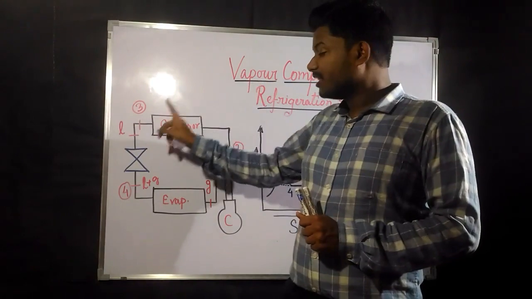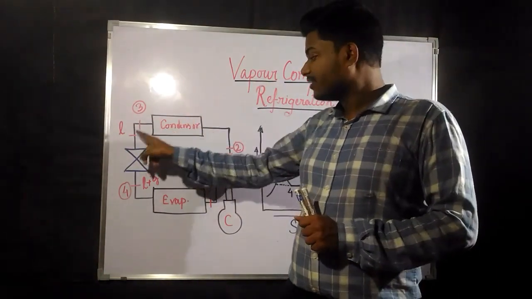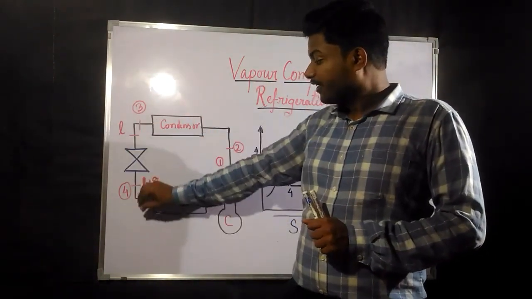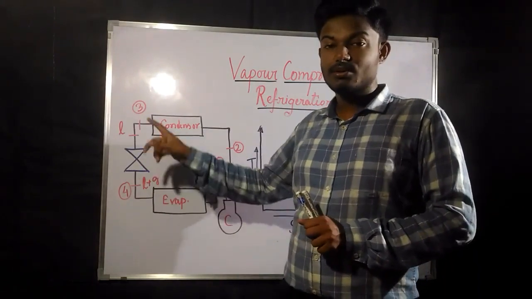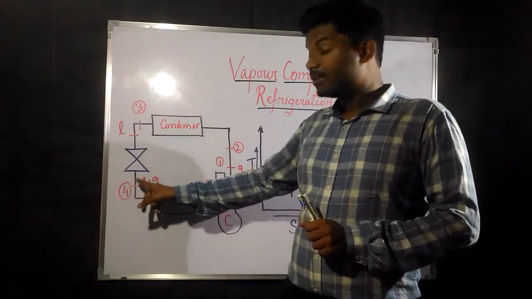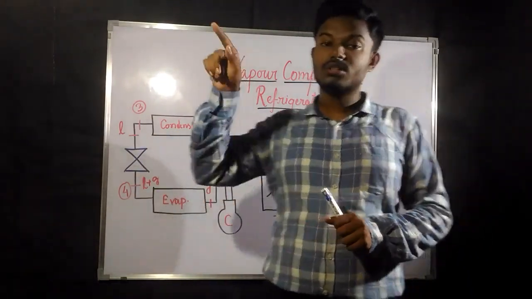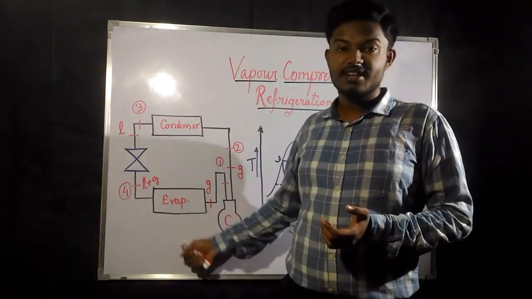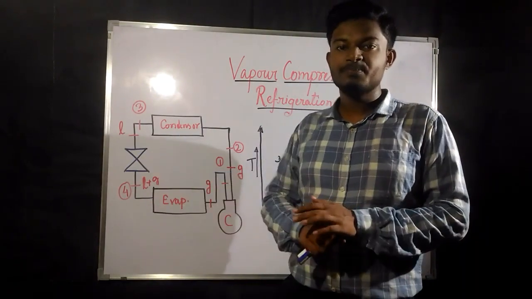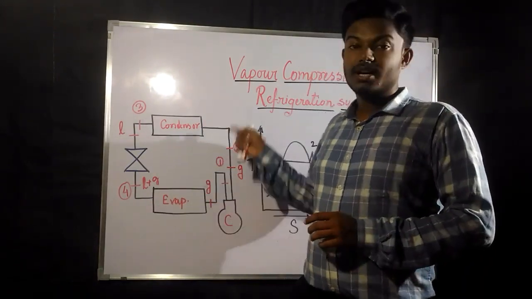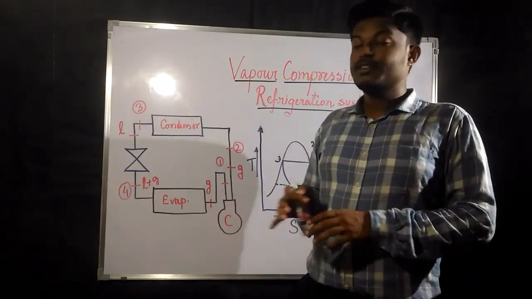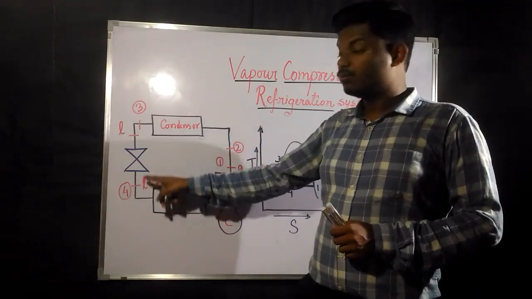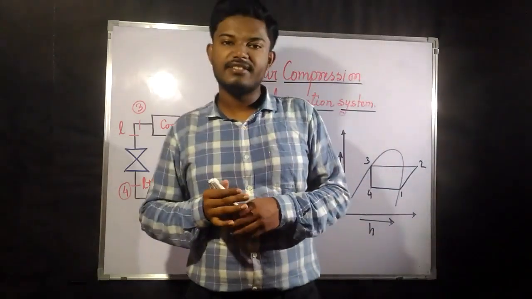Unlike the other cycles, there is going to be a phase changing process. The working fluid traveling throughout the machine parts, like the compressor, condenser, evaporator, and the expanding device, is changing phase now.